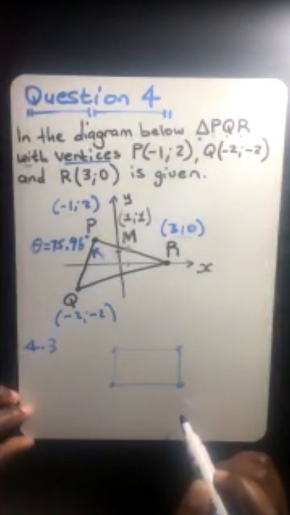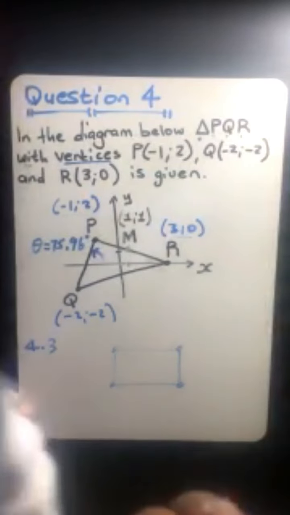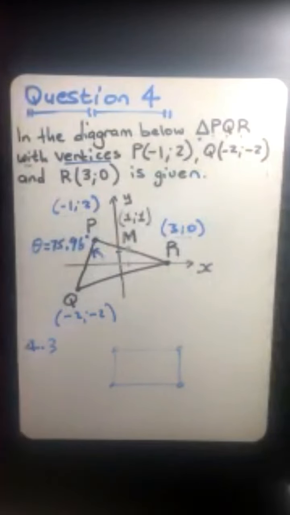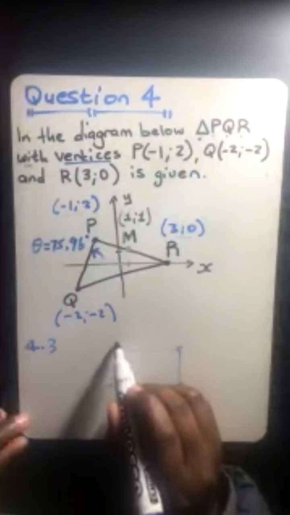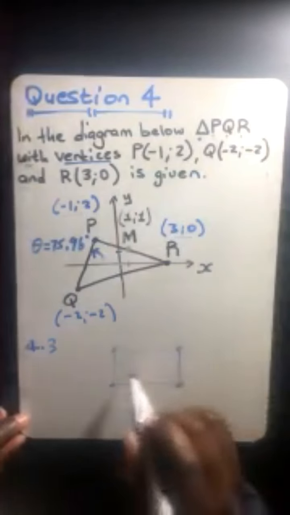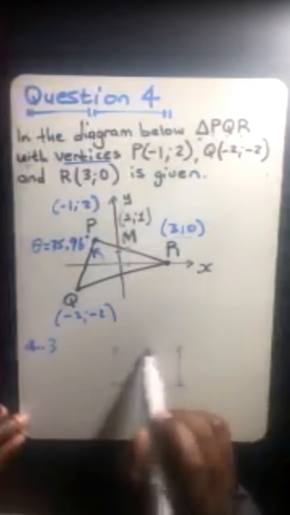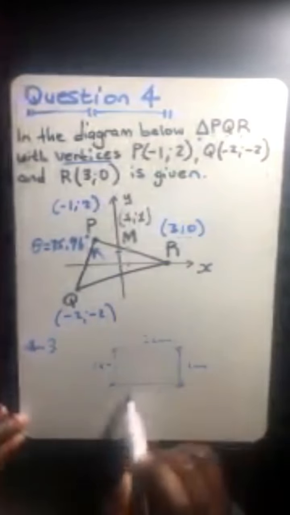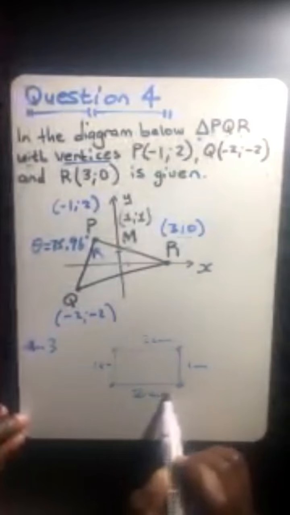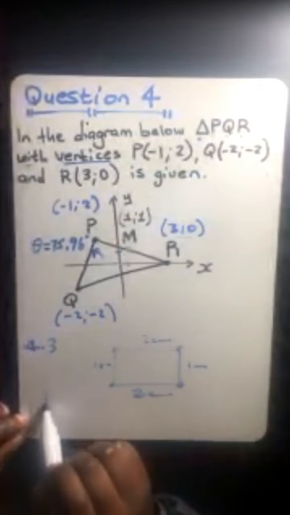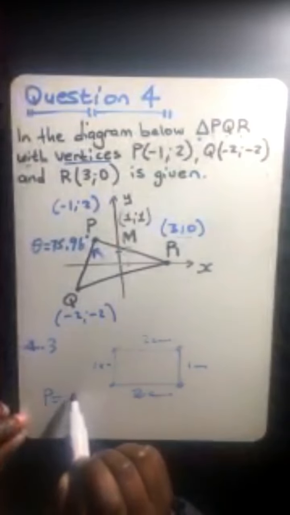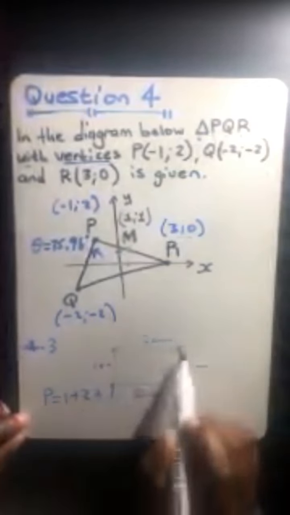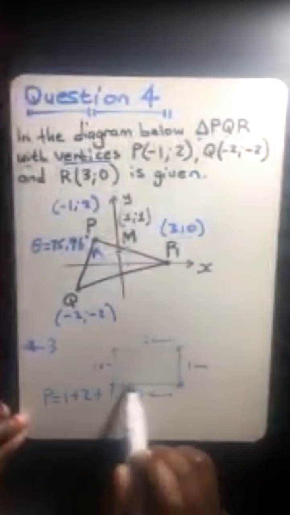It could be explained in different ways, but the simplest is that you just add all the sides of a shape. For example, if this side is 2 centimeters, this is 1 centimeter, this is 1 centimeter, this is 2 centimeters, then the perimeter equals the sum of all sides. So it's 1 plus 2 plus that plus that.